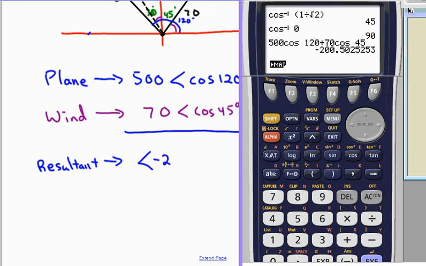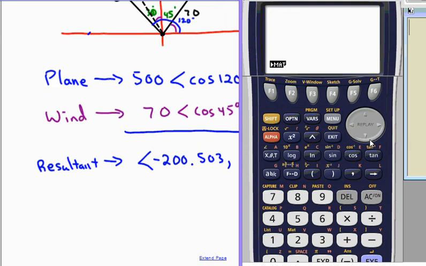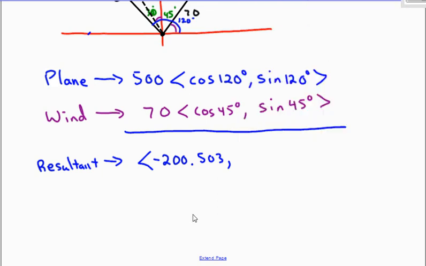Now, I'll do the exact same thing, but for the up-down component, so I'll change cosine to sine. I'll get 482.510.